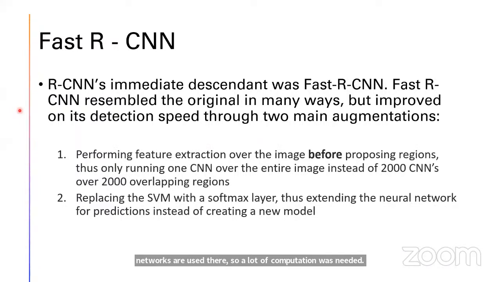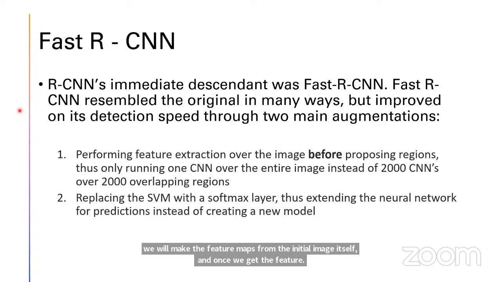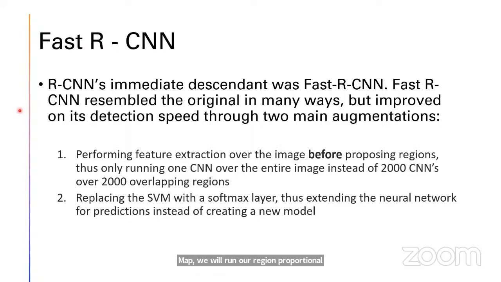So what happened in Fast RCNN? What exactly did the researchers do? Instead of using 2000 CNNs, first of all, we make the feature maps from the initial image itself. Once we get the feature map, we run our selective search on the last feature map.